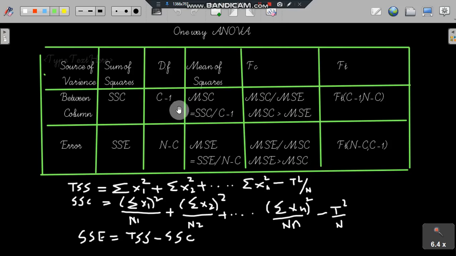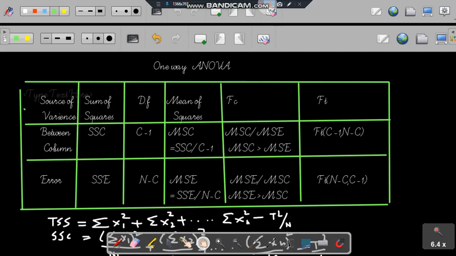For this, you have to see the F table with the given level of significance. This is in the horizontal direction, this is in the vertical direction, and the intersection of the horizontal value and the vertical value will give you the table value for F. So this is the way we can get the calculated value and tabular value. Then we can compare.